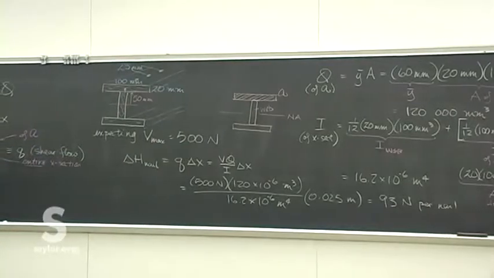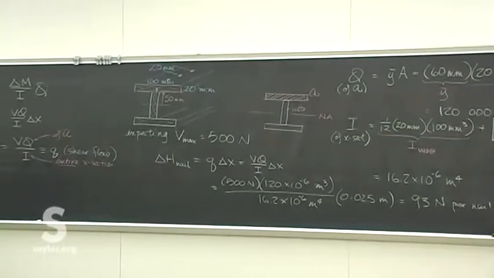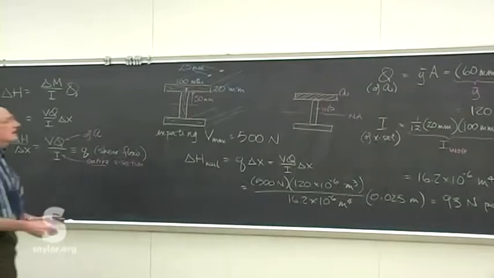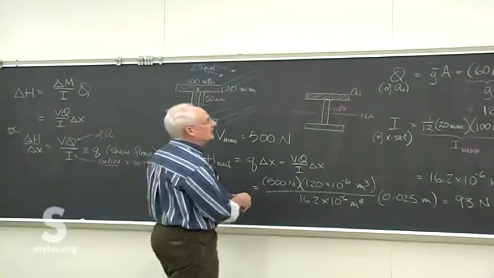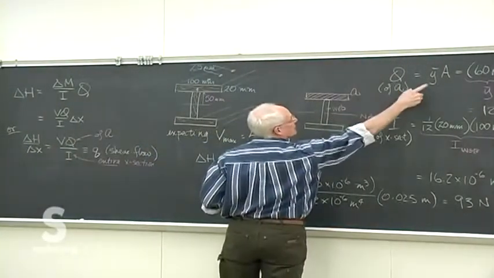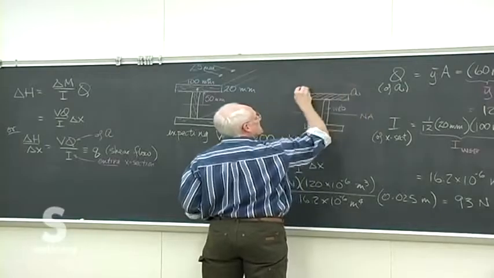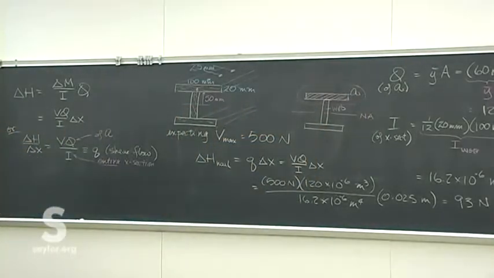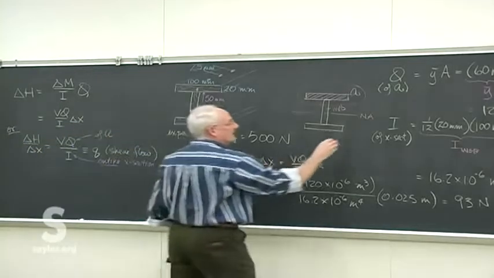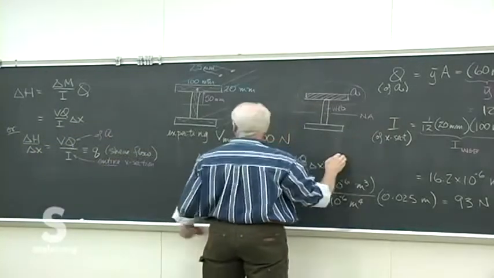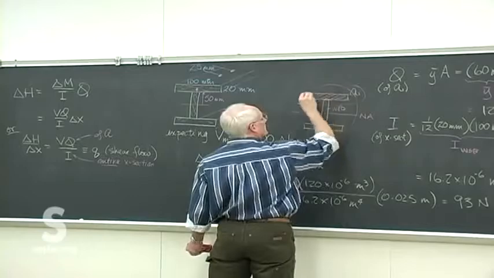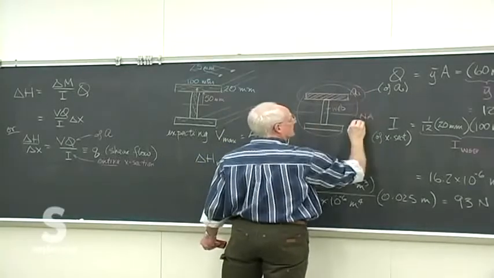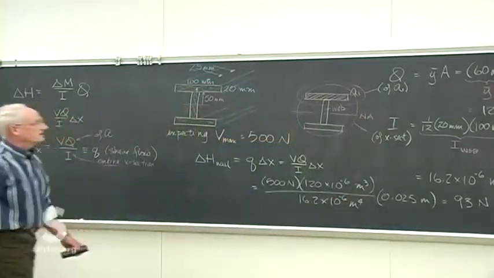All right, so the calculations aren't really very complicated. You just have to be careful that the Q, the first moment of area, is based upon this bit that's above the plane of interest, and that the I you use in the equation is for the entire cross-section itself.